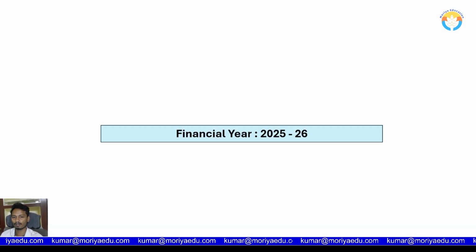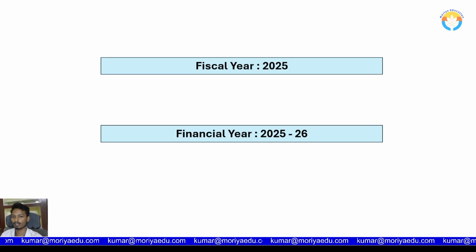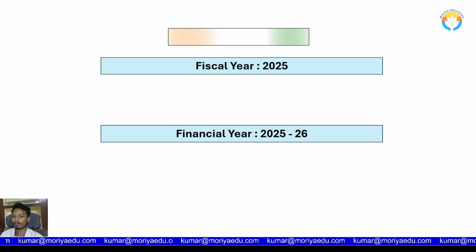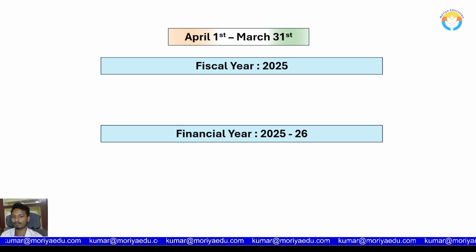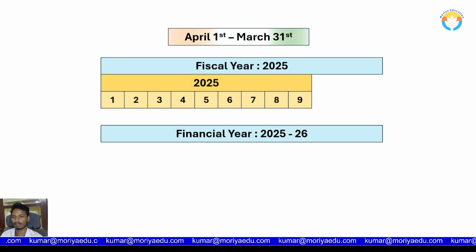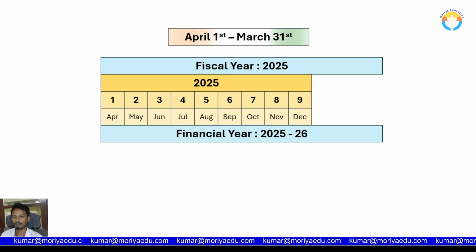In SAP, financial year 25-26 is called fiscal year 2025 because in SAP, the year in which more months fall is called the fiscal year. For example, in India, the financial year starts from April 1st and ends on March 31st. So in the year 2025, we have 9 months from April till December.